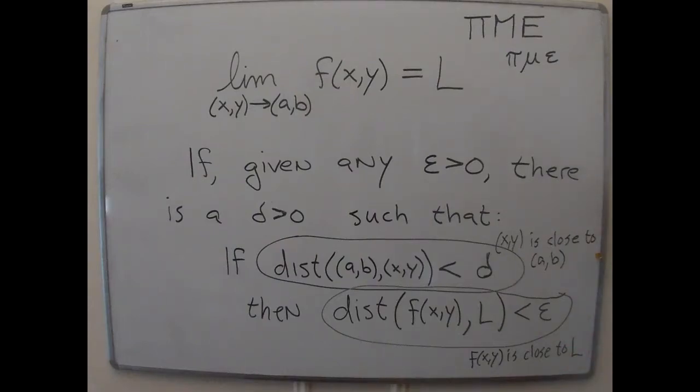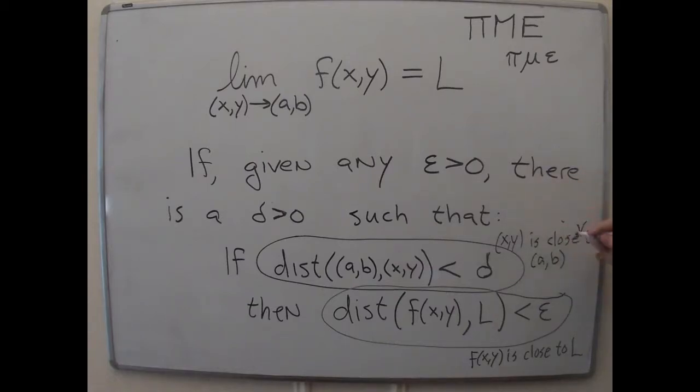The only extra piece here is it's not just a random sense of closeness. XY is close in that it's within delta. Maybe I could put that in. Close within delta of, I can't fit it, darn it.